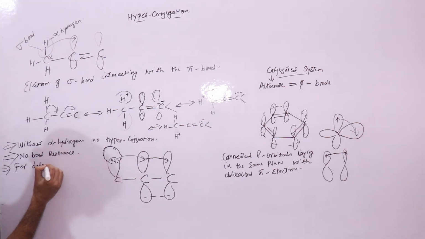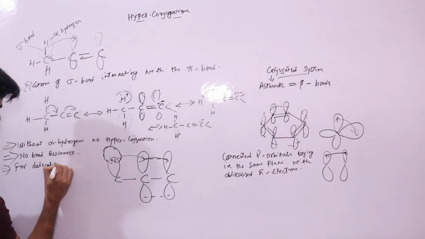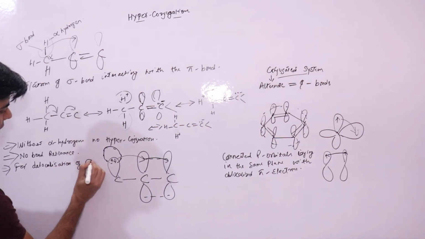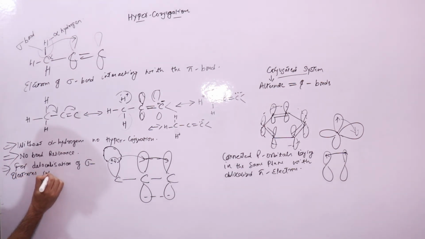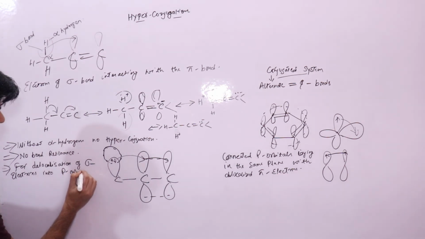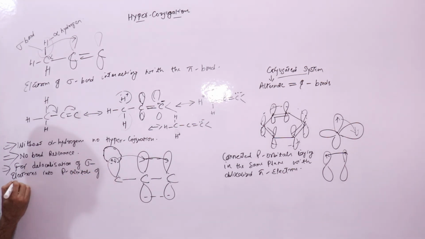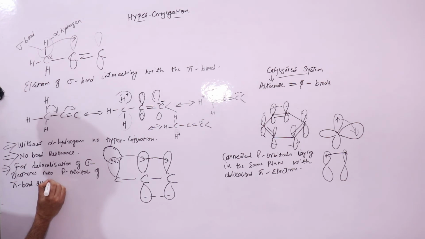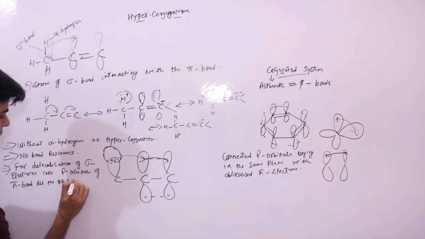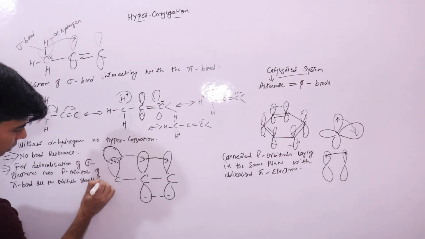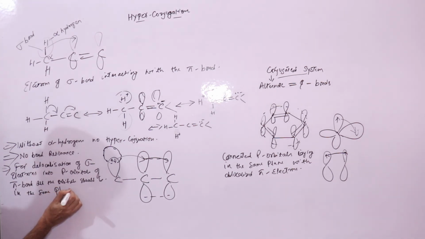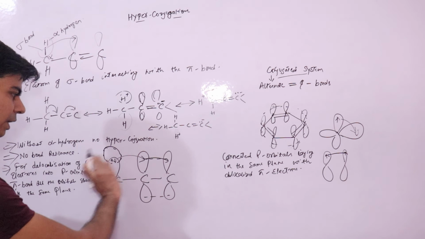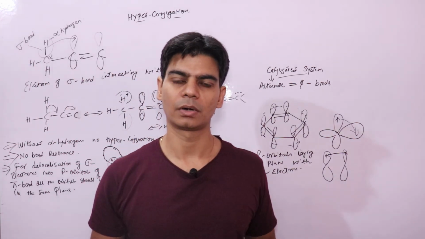For delocalization of sigma electrons into the p orbitals of the adjacent pi bond, all the orbitals should be in the same plane, so that this interaction of sigma electrons with p orbitals can take place.